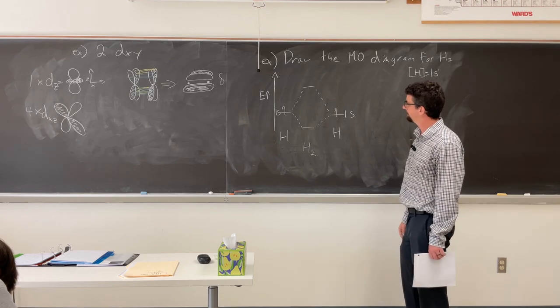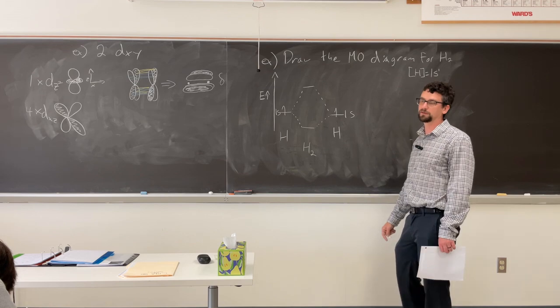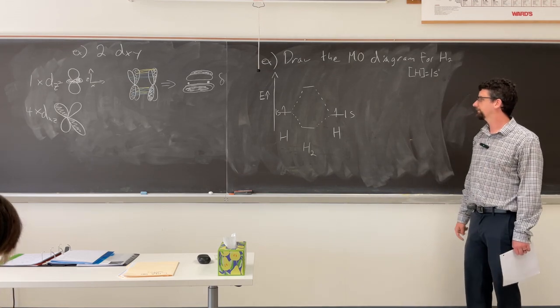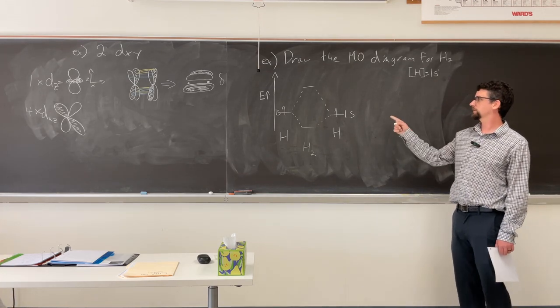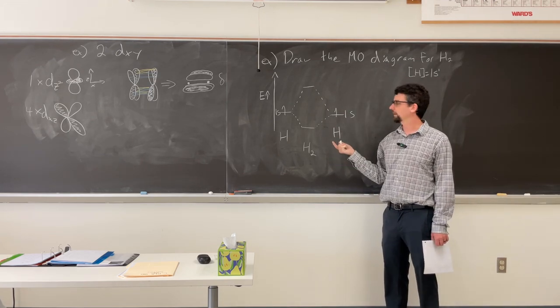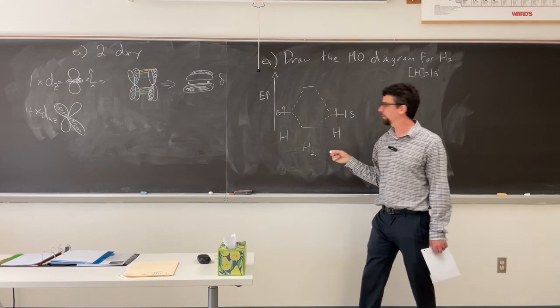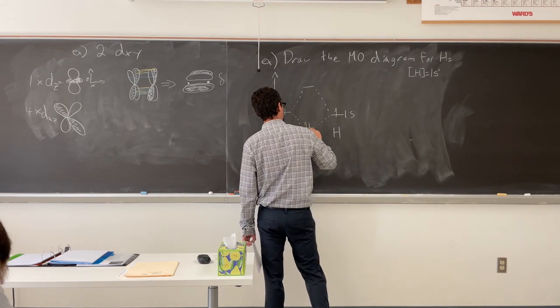They will draw them equally spaced here, which is incorrect. Okay. So now we have these 2 new MOs. We can label them in a little bit, but where are the electrons going to go? Yep, they go to the lowest energy state.